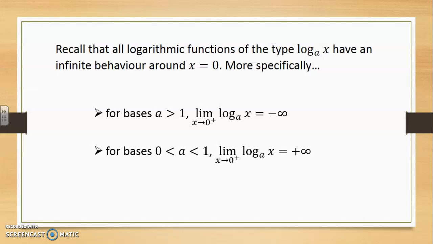For bases a between 0 and 1, the limit as x approaches 0 from the right for log in base a of x will tend towards plus infinity. In the first case, logarithms are increasing and therefore start from minus infinity. For bases between 0 and 1, logarithms are decreasing and therefore start from plus infinity.